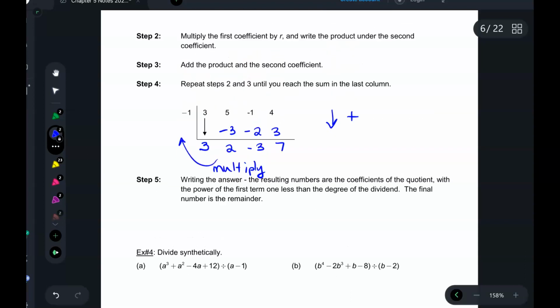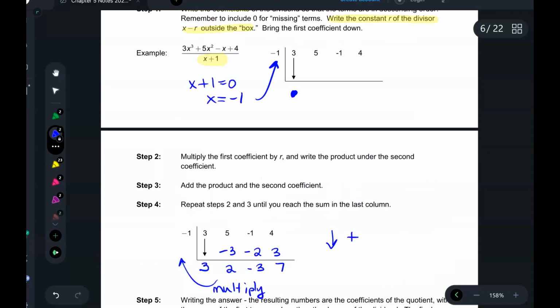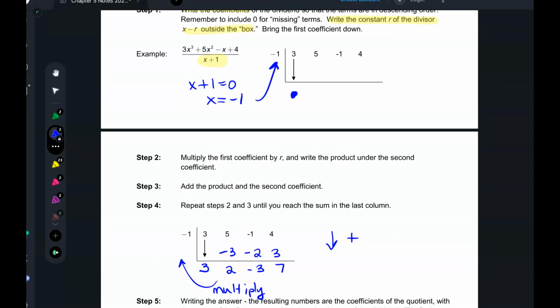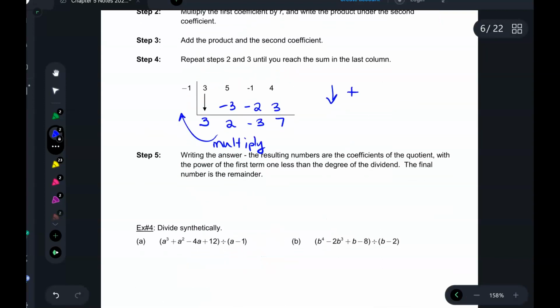Now we're going to rewrite it. Do you remember what we started with? We started with a 3x cubed. So if we're dividing by a power of 1, what do you think the first term's going to be? Okay, writing the answer. The numbers here are the coefficients of my answer. The power of the first term is 1 less than the degree.